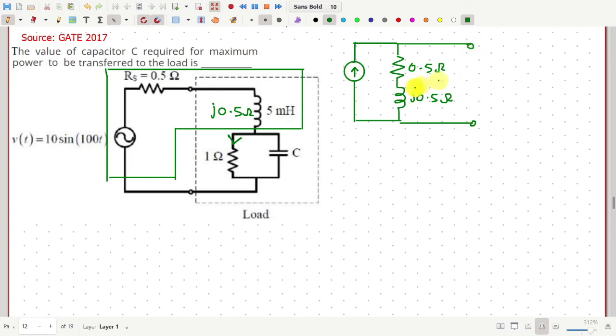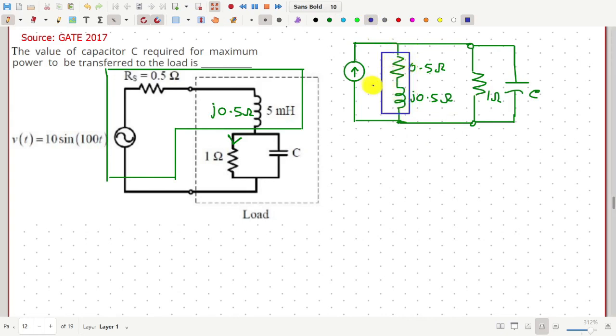And between these two terminals we have this 1 ohm resistance and the capacitor in parallel. This is 1 ohm and this is C. Now consider this resistance and inductance in series.